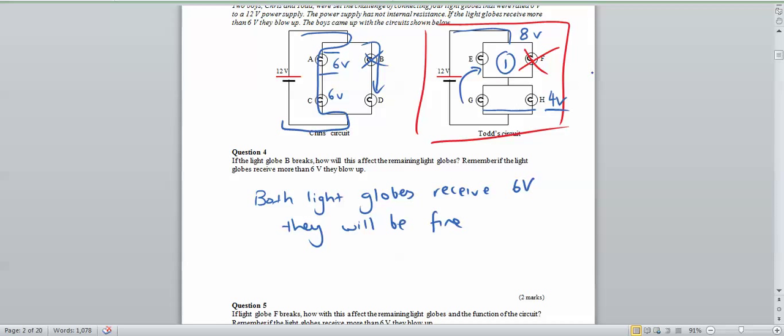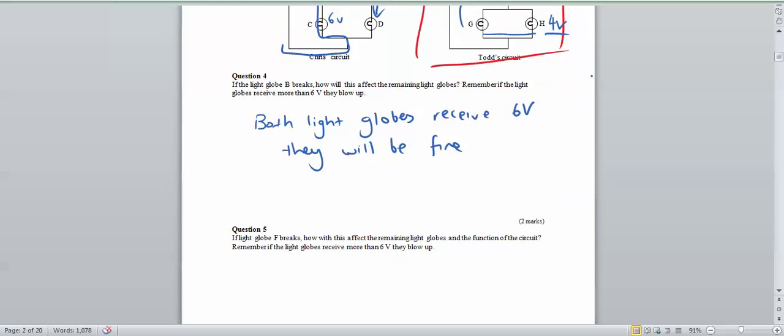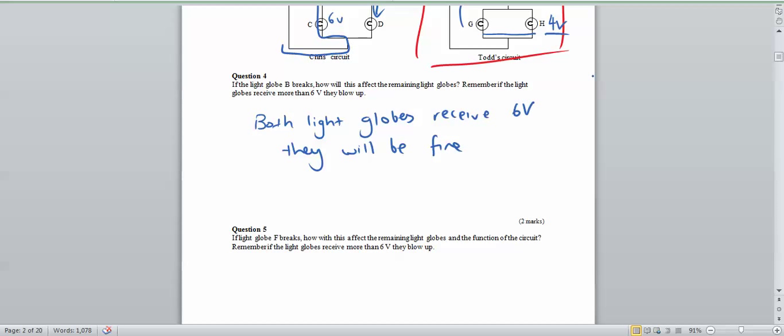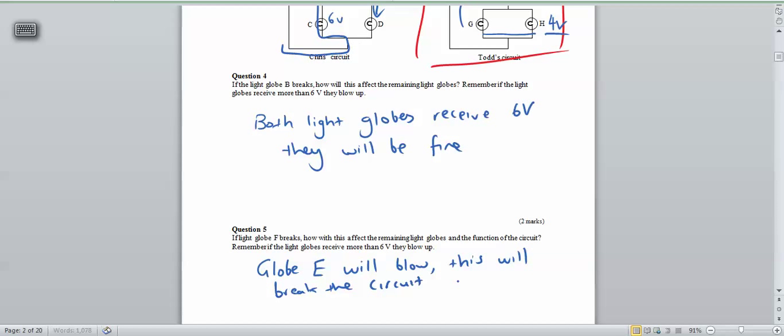So if globe F was to break, then globe E will blow. This will break the circuit, and so therefore no globes will light up.